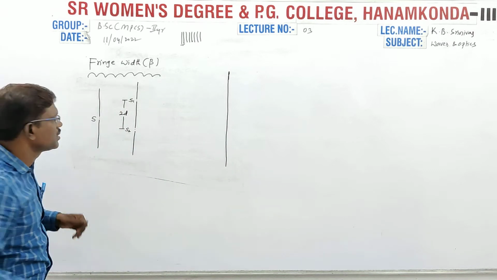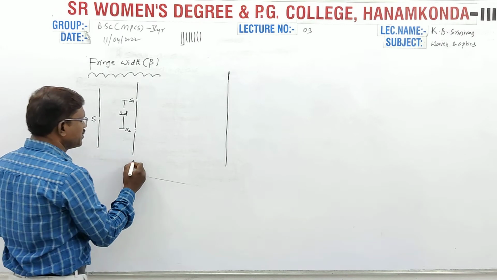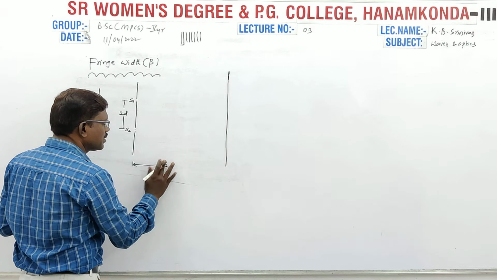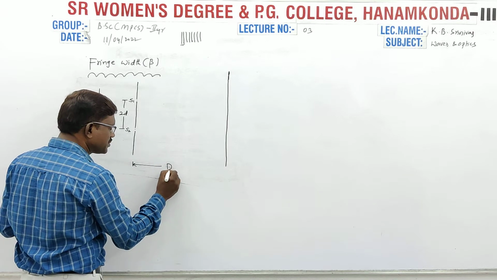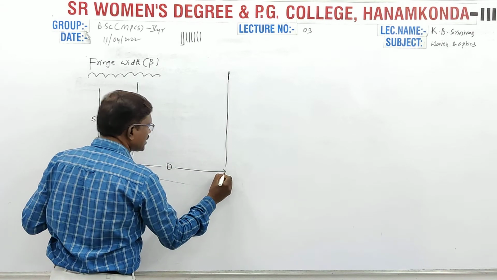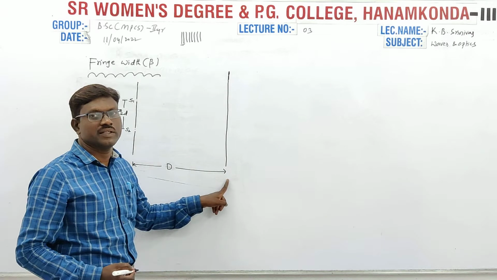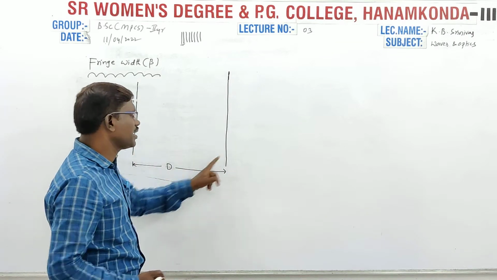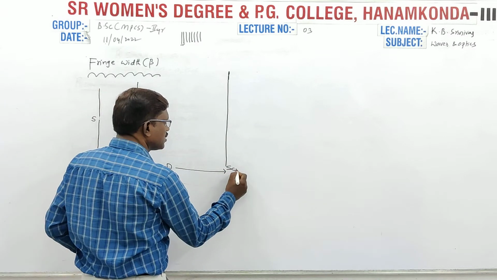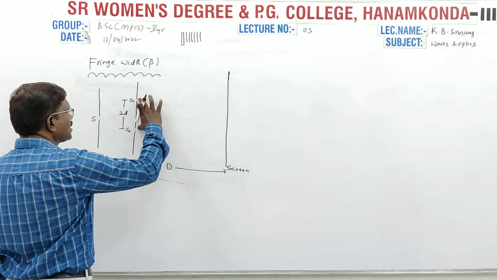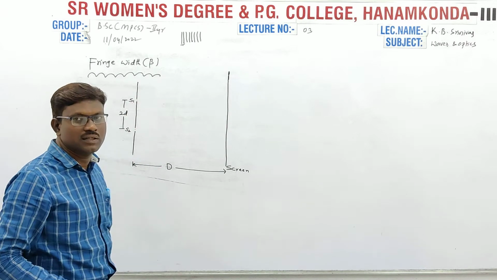Clear? Right? Let the distance between the slits and the screen be capital D. These are very important, standard terms. Capital D is the distance between the slits and the screen, and 2d is the distance between the two slits.